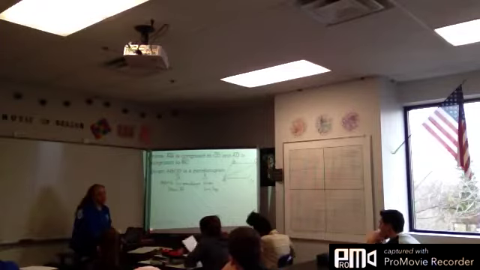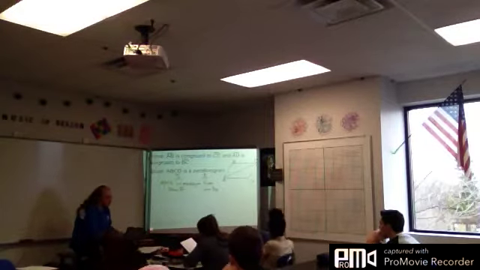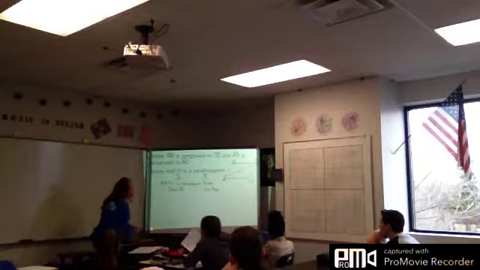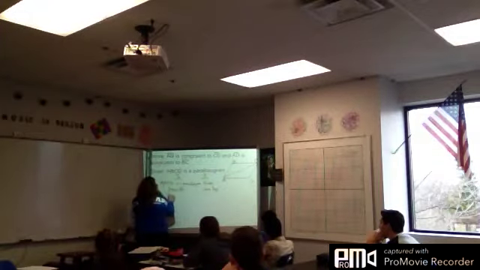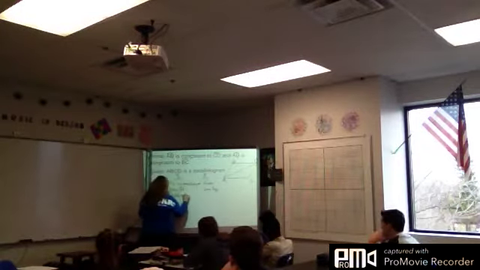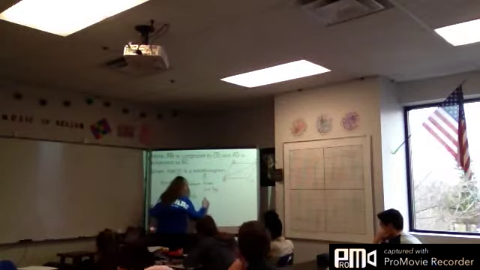Opposite sides parallel and equal, right? Opposite sides are parallel, right? So why don't we start with something like that? Like AB is parallel to DC and AD is parallel to BC. Definition of a parallelogram, right?